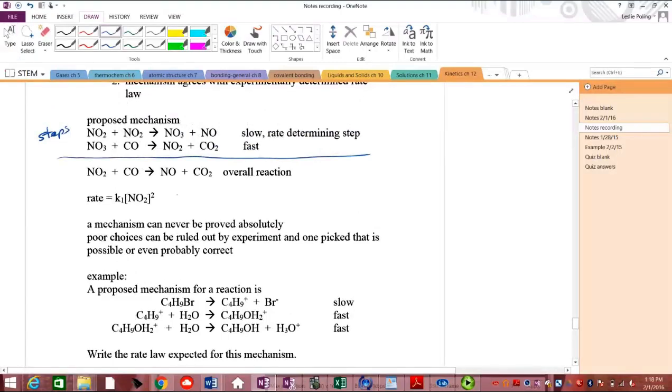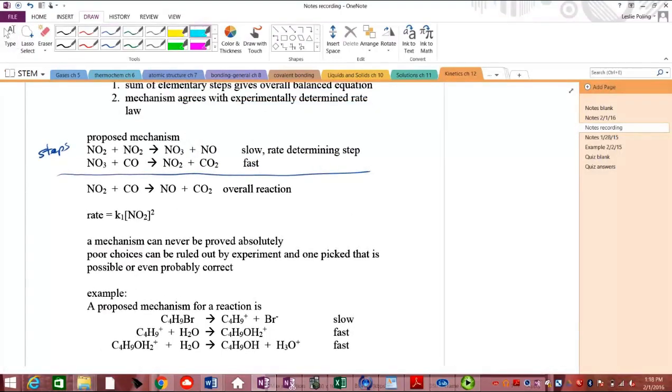Okay, so let's look at this. Okay, NO3 comes out of the first step and goes in to the second step. So that is an intermediate species. Okay. NO2 and CO go in only, so they are reactants.